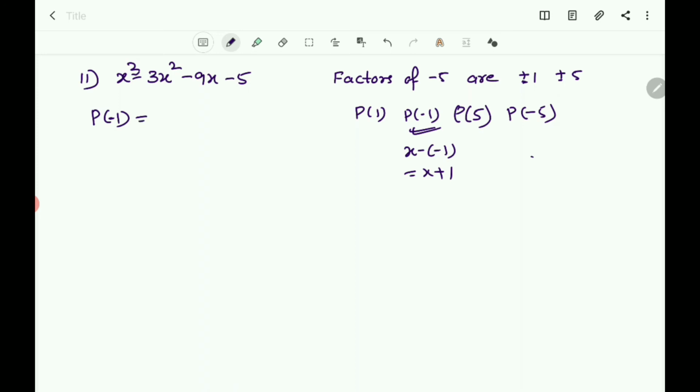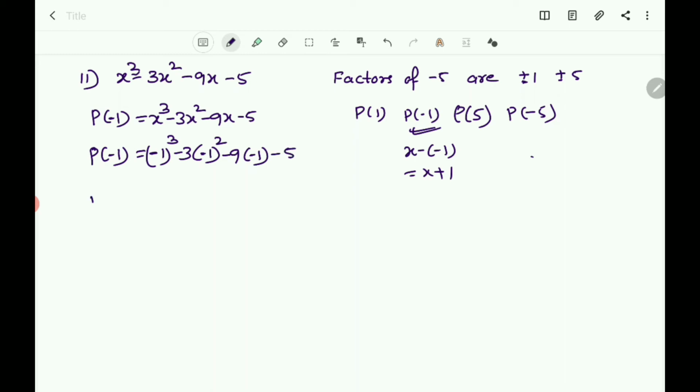So you take p of minus 1 is equals to x cube minus 3x square minus 9x minus 5 here. Then p of minus 1 is equals to minus 1 whole cube minus 3 into minus 1 square, then minus 9 into minus 1 minus 5.